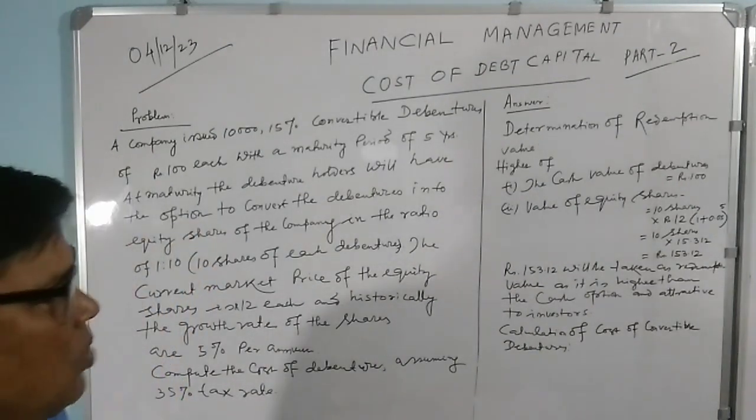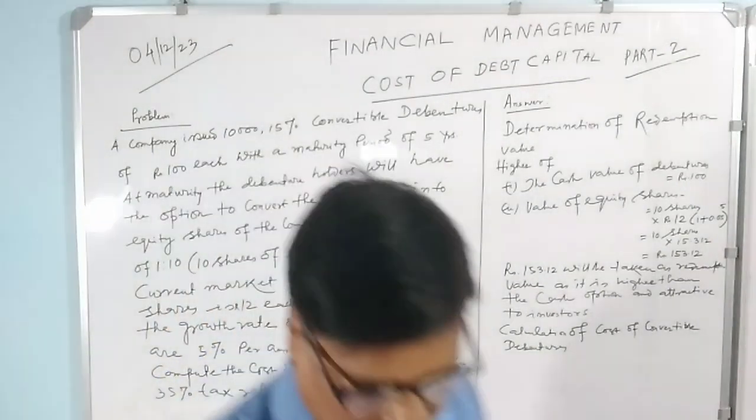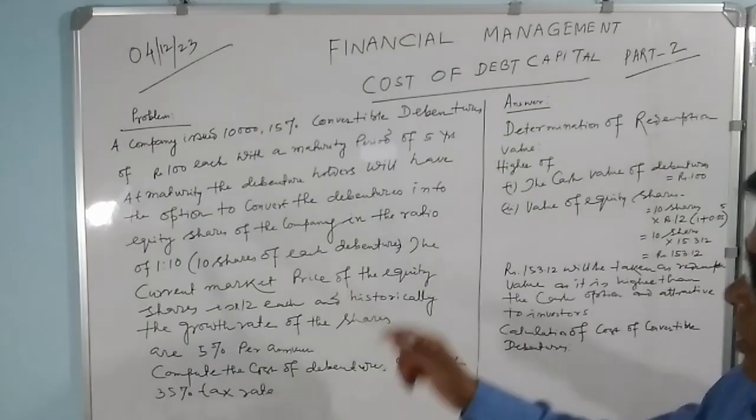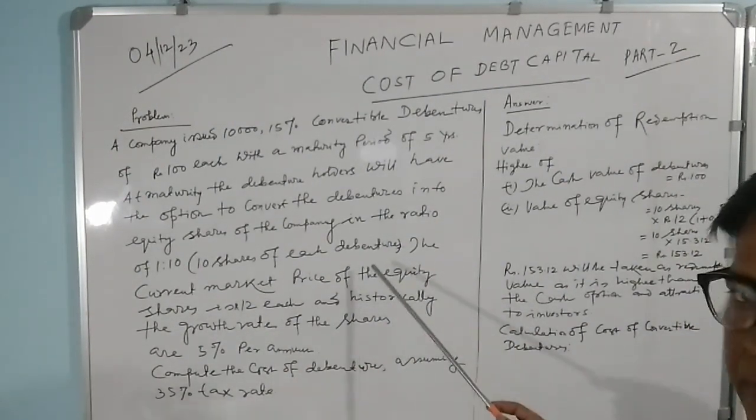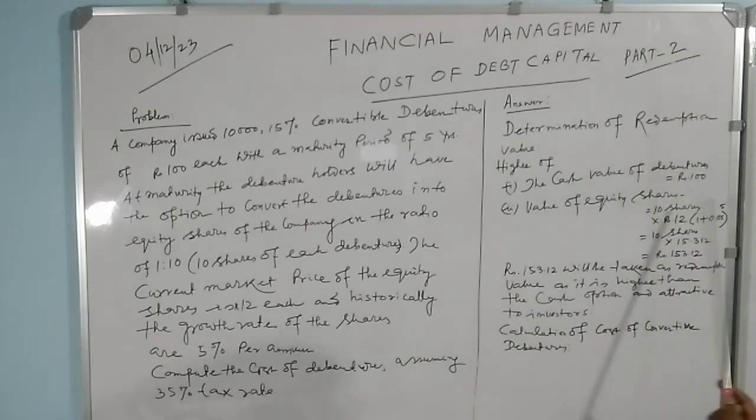Value of equity shares, what is that? From the problem itself, 1:10 means 10 shares will be given. So the value of equity shares after the 5th year on the due date is 10 shares into rupees 12. At present this share value is rupees 12, and there is a growth rate of 5% per annum.